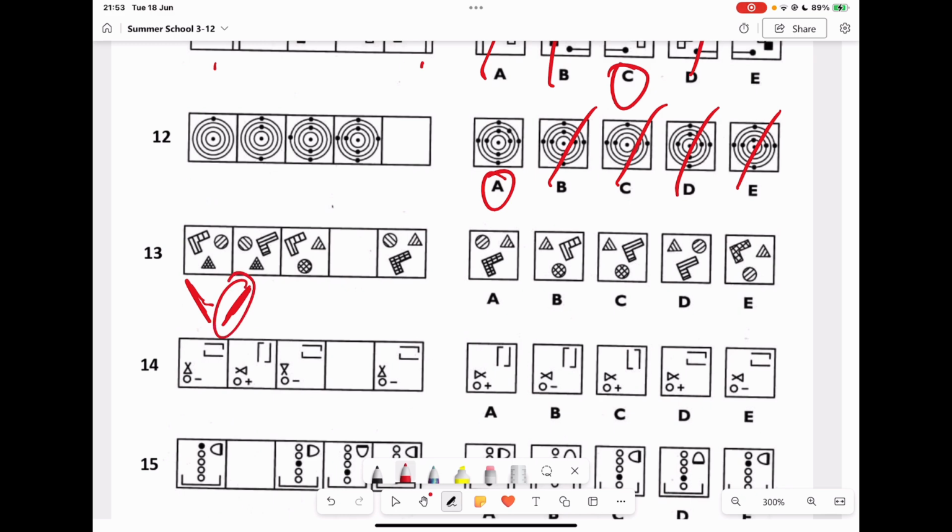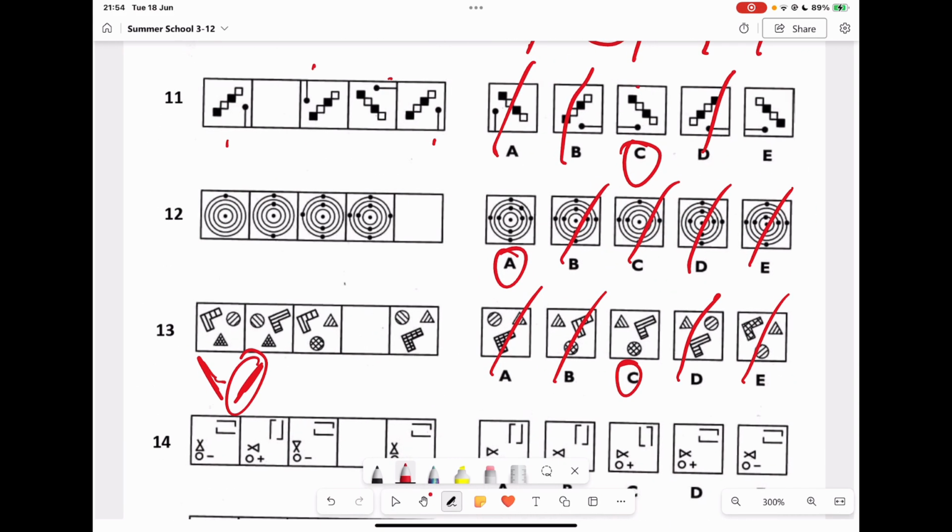So considering that, it cannot be A, B, or E. Okay, now we are looking at the pattern of the shape at the bottom. So the shape at the bottom is always hashed, so it cannot be D. Okay, and that leaves our answer as C.